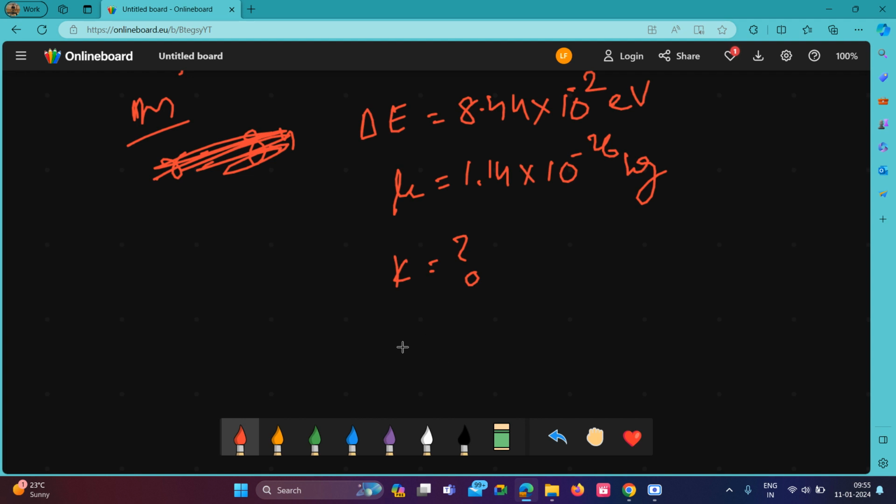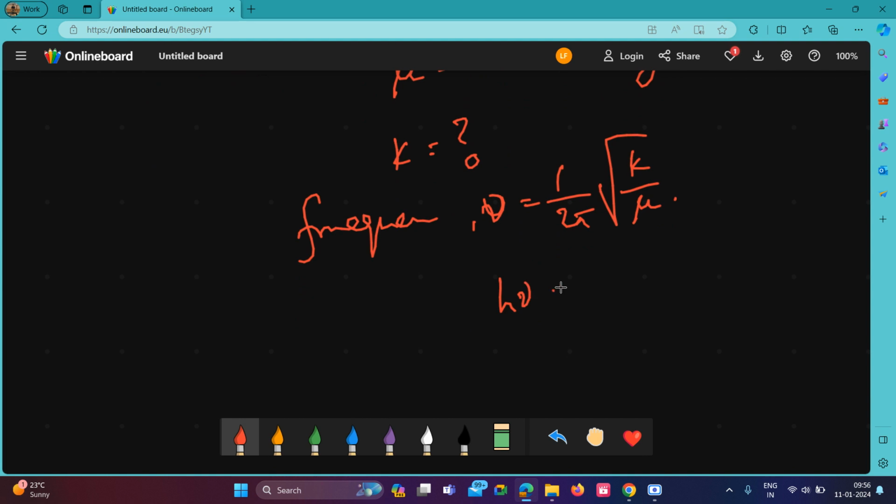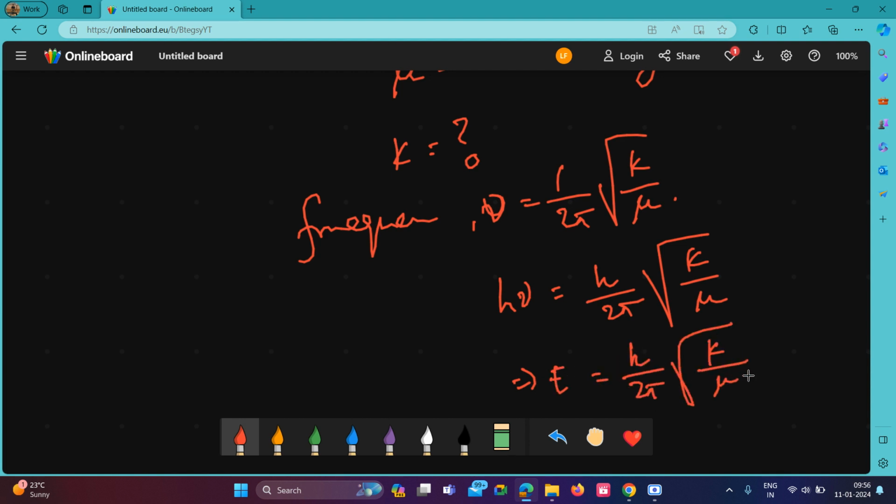So we know frequency nu is equal to 1 by 2 pi root over K by mu. If I multiply by h on both sides, h nu is equal to h by 2 pi root K by mu.